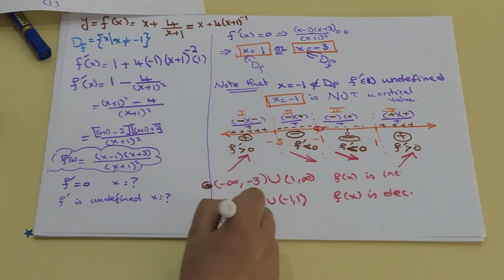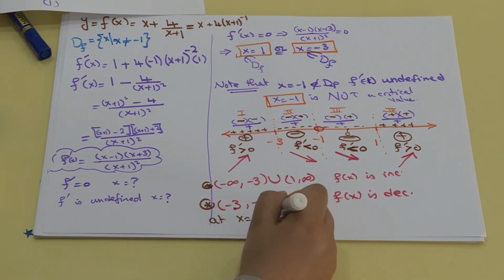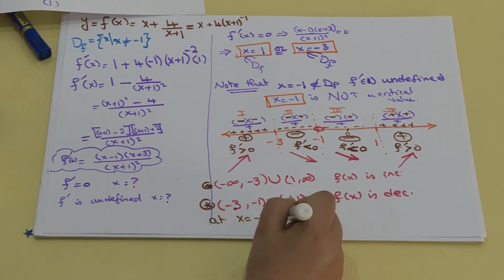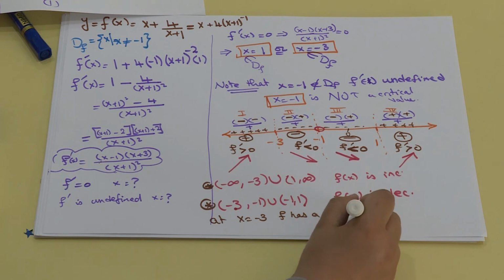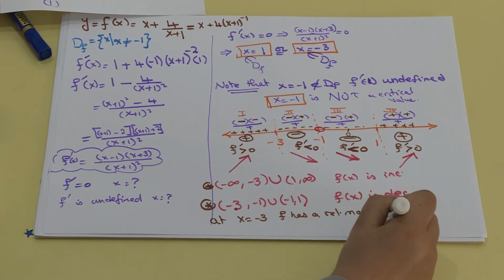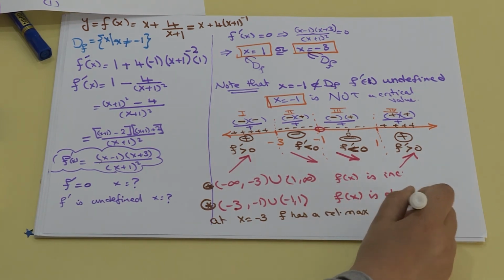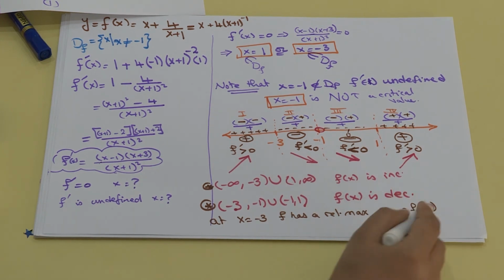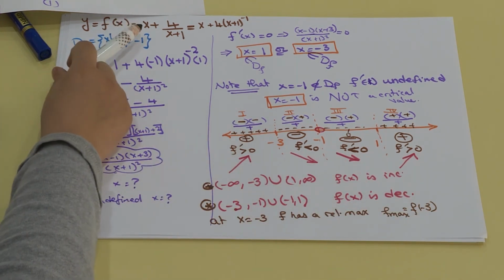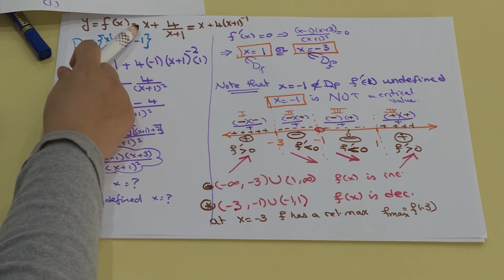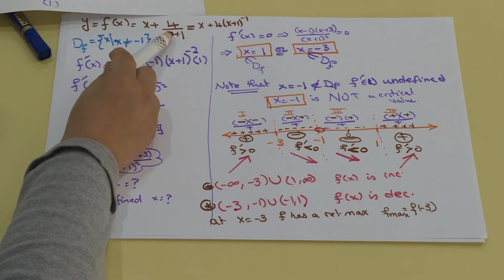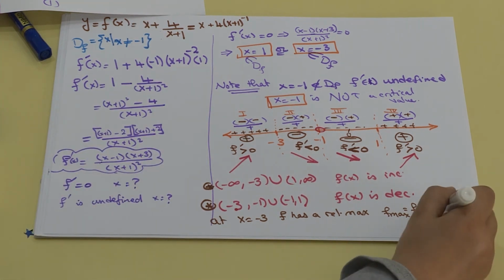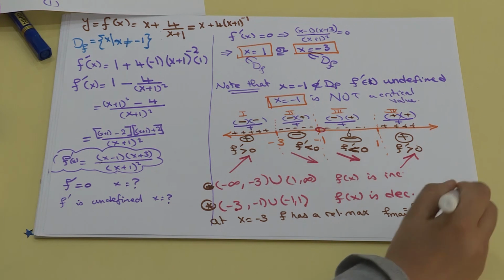So at x equals minus 3, f has a relative maximum. F maximum equals f of minus 3. Direct substitution in the original function of minus 3, you will have minus 3 plus 4 over minus 3 plus 1, you will get minus 5.